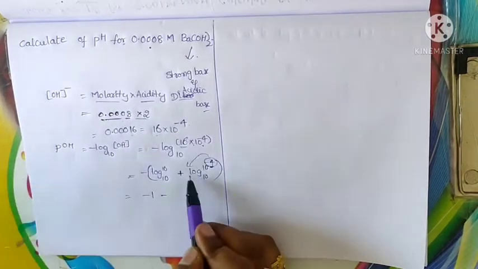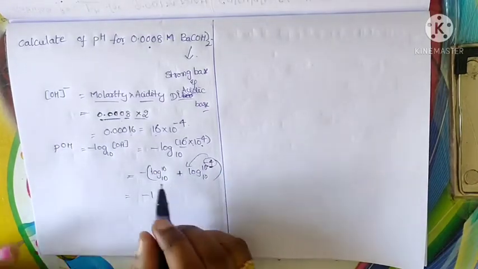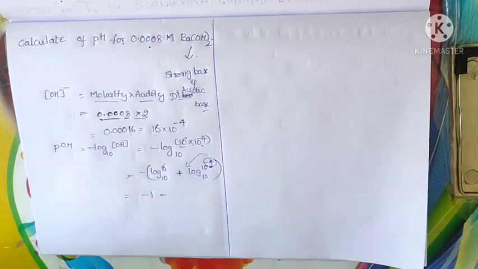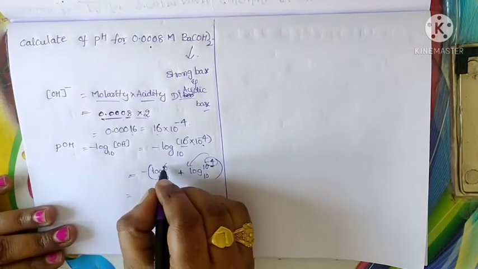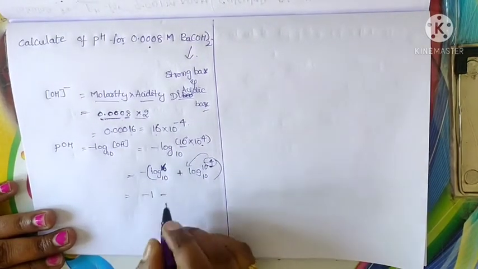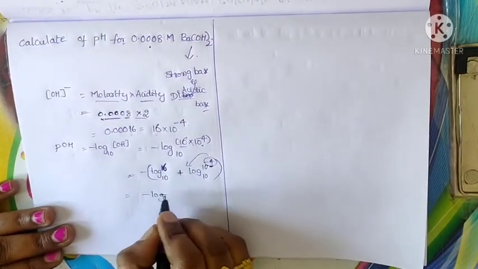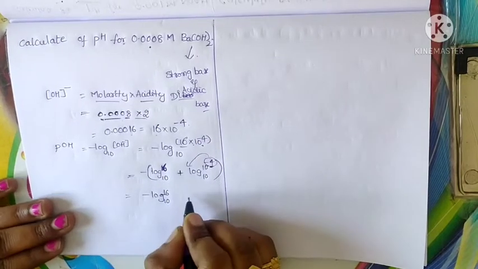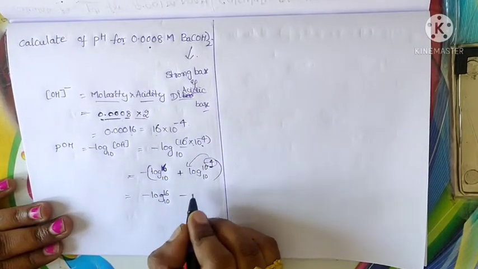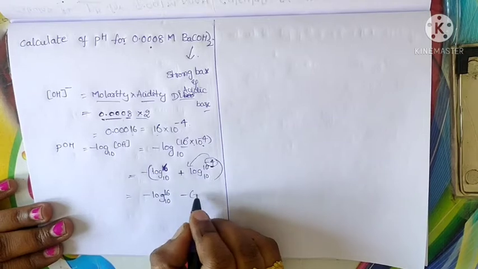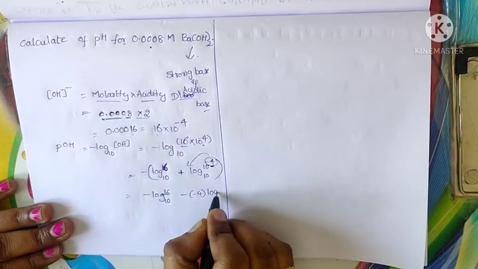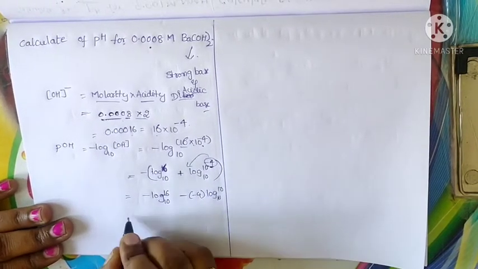Okay students, have you understood? Log 16 to the base 10, so it is not 1. Okay, it is not 1. Log 16 minus log 10 power minus 4. Minus 4 comes to the front side.